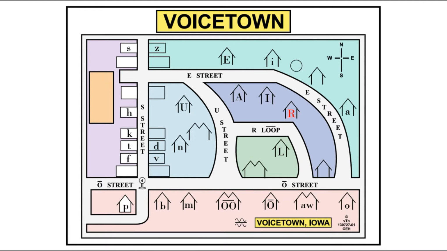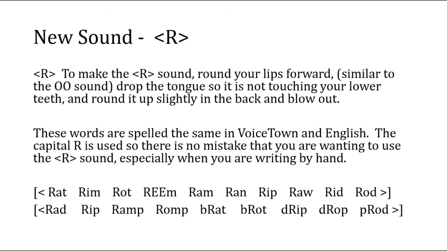The next sound that we're going to work with is R. This can be very difficult for people when you roll your R's, so make sure that you practice this one over and over again. Your lips go forward as you say it. In order to make the sound, you round your lips forward, similar to the oo sound.